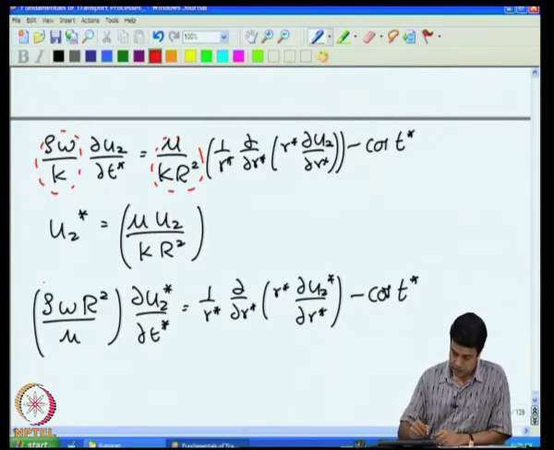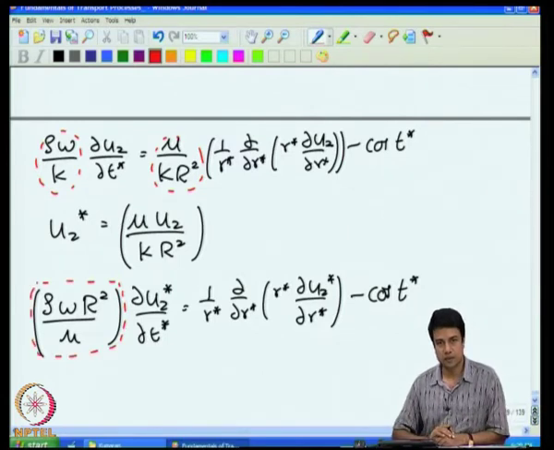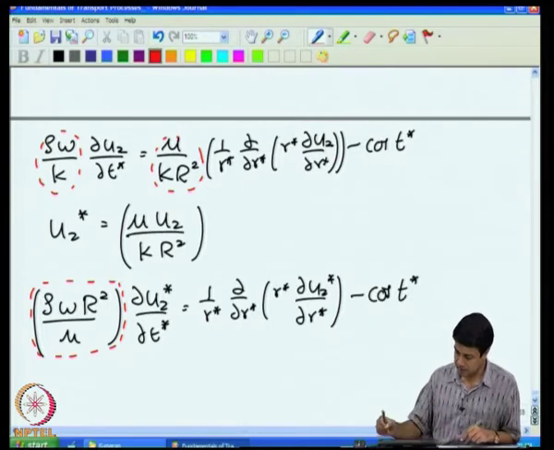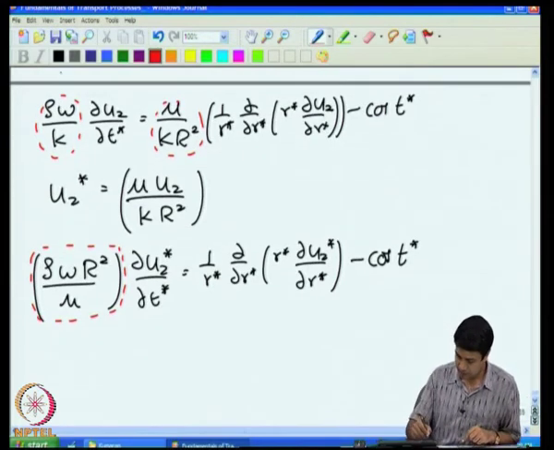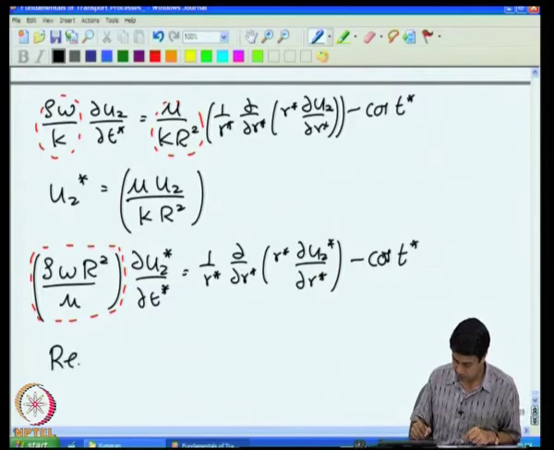And this is basically a Reynolds number based upon the frequency of oscillations in the tube radius. So, I can define it as some number Re_omega.